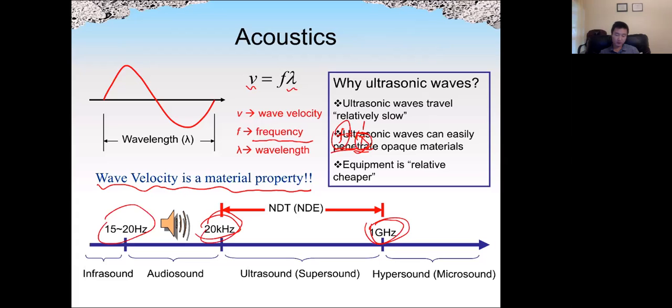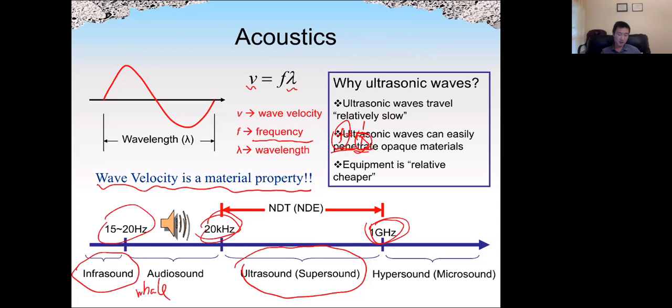The dog whistle, okay, to give you an example of ultrasound, is within the range of ultrasound. Okay, and some animals can also use sound to communicate, such as elephants or whales. Okay, they can use very low frequency infrasound to communicate.